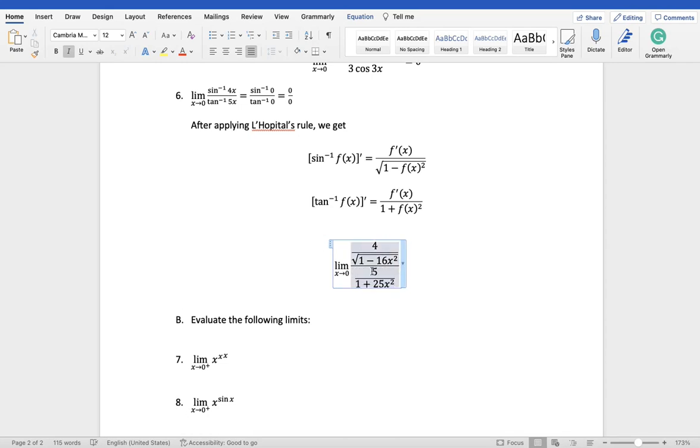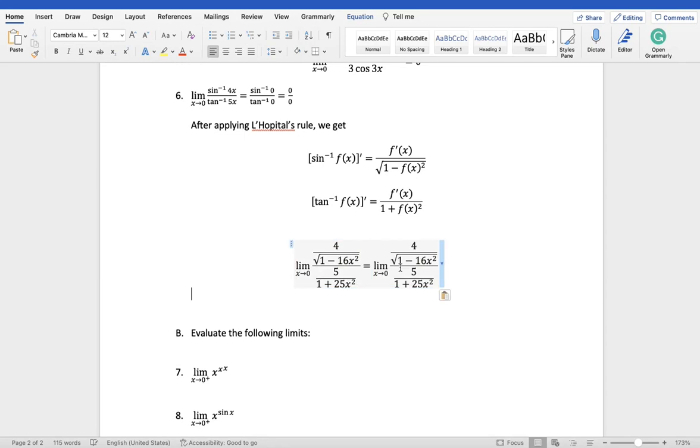And then let's simplify this expression so it looks a bit nicer.